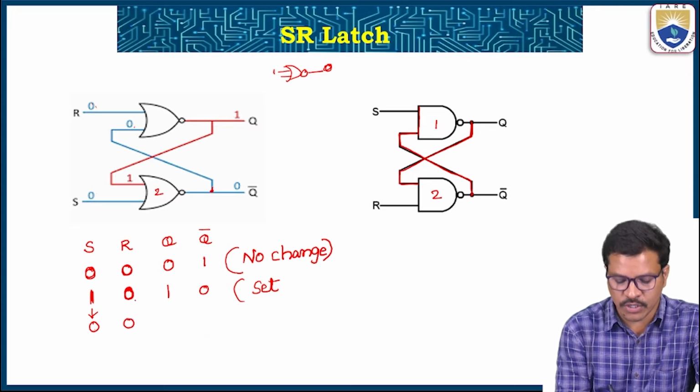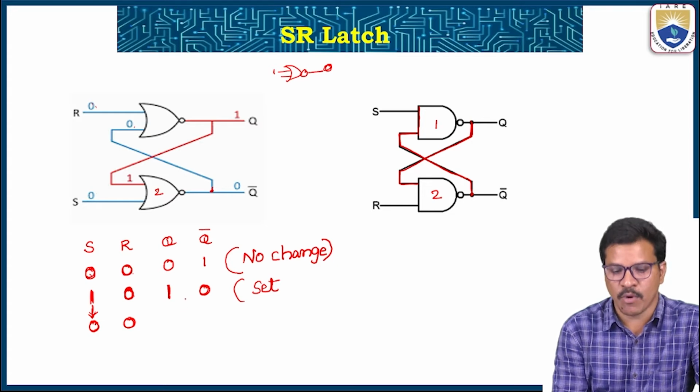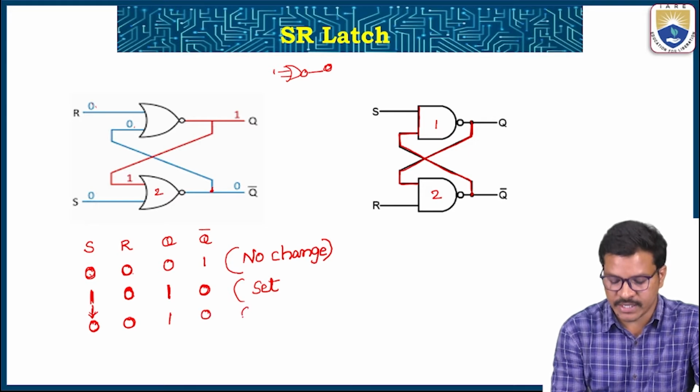When S is equal to 0 and R is equal to 0, previously Q is 1 and Q bar is 0. After returning the set pulse to 0, we know that with S 0 and R 0, whatever the previous output was, the same output will exist at the output, because S 0, R 0 means no change. This kind of action is called memory.